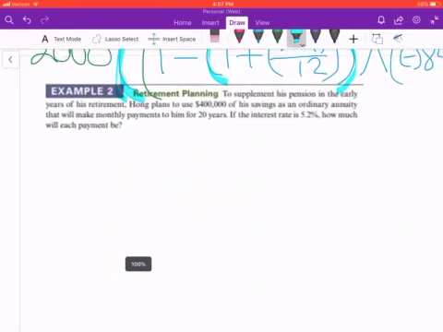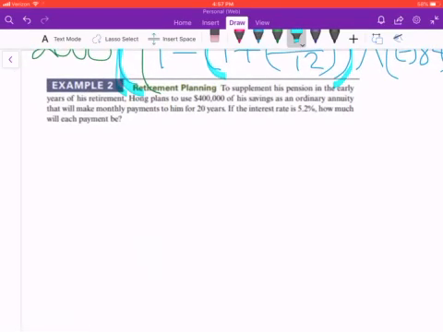So we're going to move on to number 2, and that is about retirement planning. To supplement his pension in the early years of his retirement, Hong plans to use $400,000 of his savings as an ordinary annuity that will make monthly payments for him for 20 years. If the interest rate is 5.2%, how much will each payment be? We're going to use the same formula to find the present value.